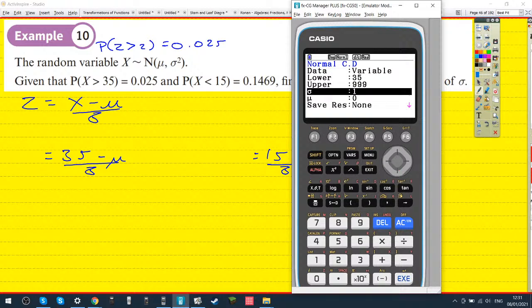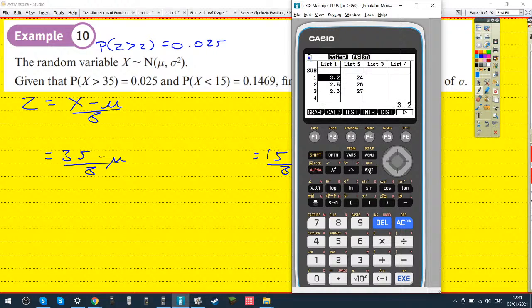Standard deviation could be, I don't know, could be anything. Could be 4, 5. Mean could be 7, but when I press enter, I need to get a probability of 0.025. The problem is I've got two unknowns. I've got a standard deviation unknown, I've got a mean unknown.